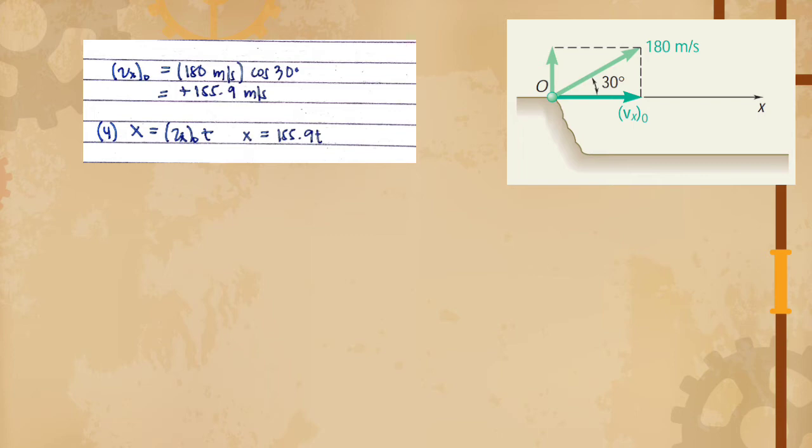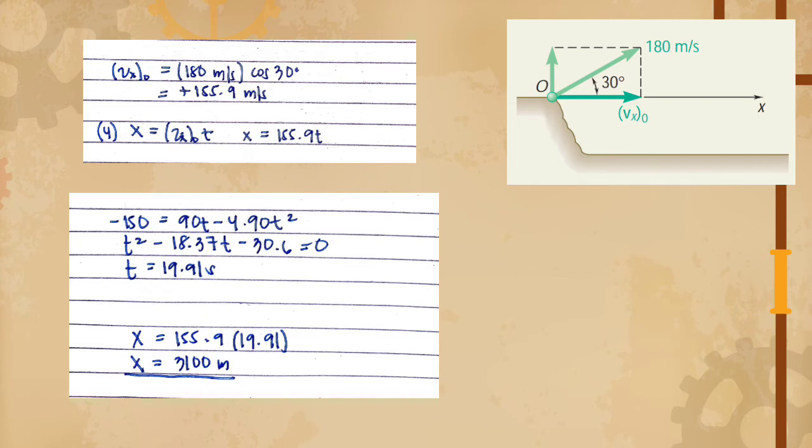When the projectile strikes the ground, we have y is equal to negative 150 meters. Carrying this value into equation 2 for the vertical motion, we write negative 150 is equal to 90 times t minus 4.90 times t squared, which is equal to t squared minus 18.37t minus 30.6 equals 0, whose root is t is equal to 19.91.